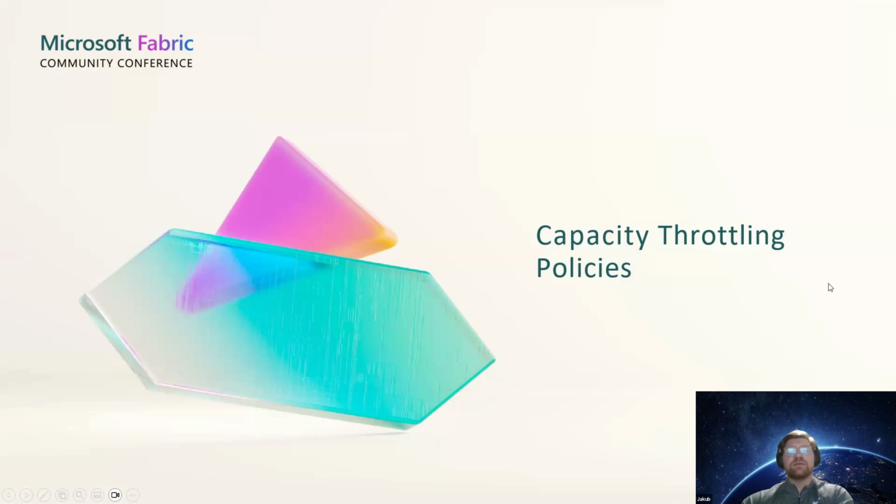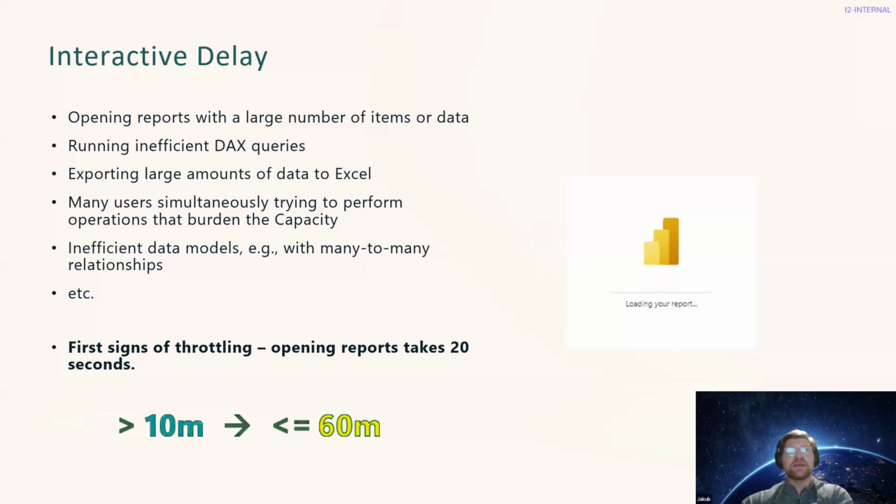And right now I wish to tell you about the throttling policies. So if there is throttling in our environment, it doesn't mean that the capacity would crash. But there are a few signs which let us know that the capacity is coming to their limits. There are actually three types of the warnings.